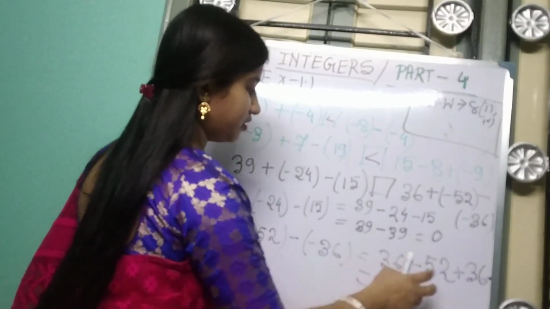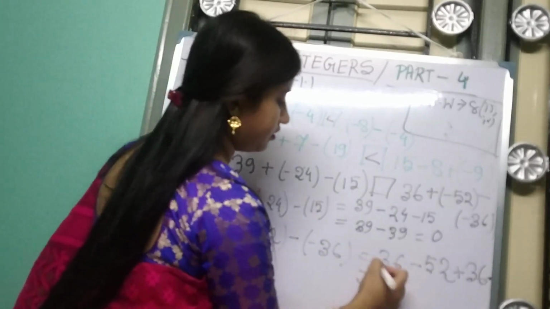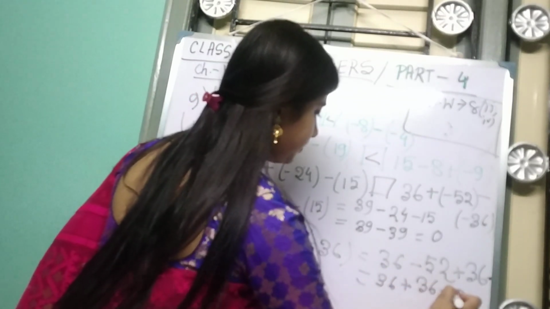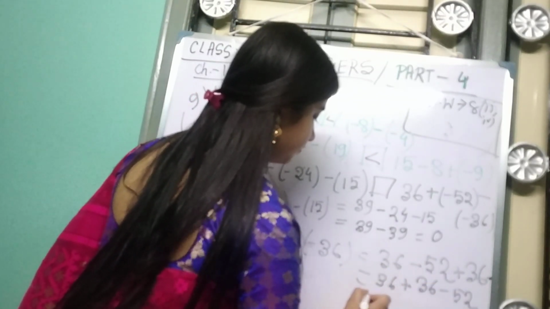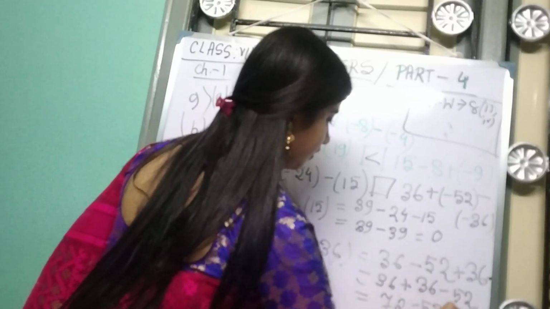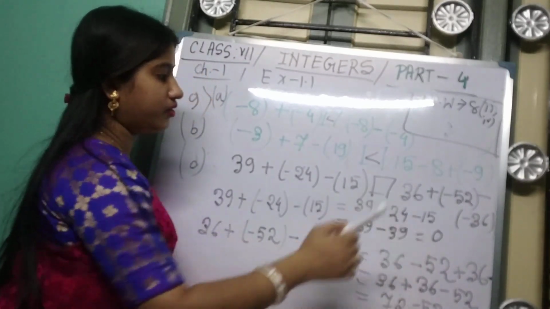Now first we calculate the plus symbol: 36 plus 36 minus 52. This is 72 minus 52 equals 20. I know that 20 is greater than 0.